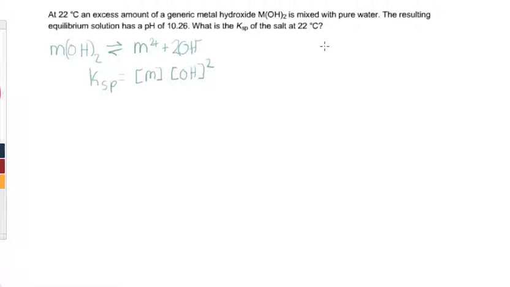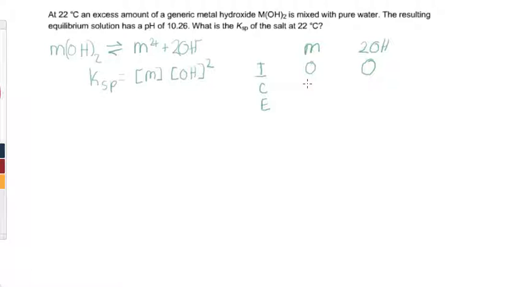So let's do a small ice table. And when I first put the metal hydroxide in, I have 0 metal and 0 hydroxide. Okay? The moment I'm placing the solid in.